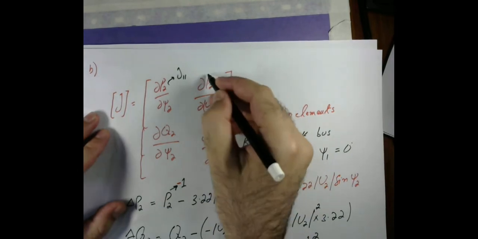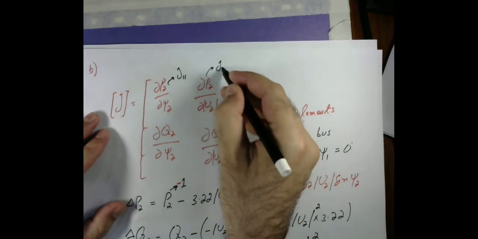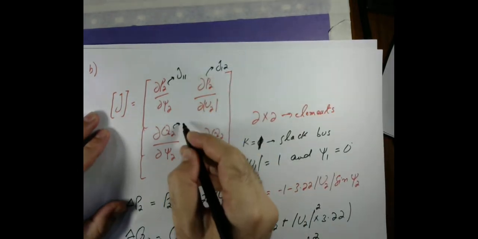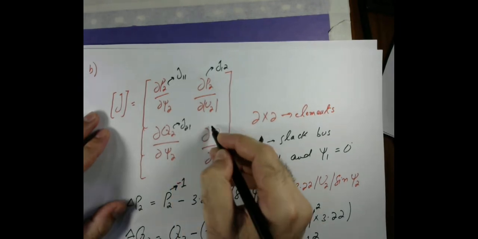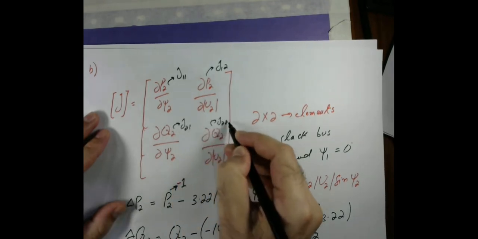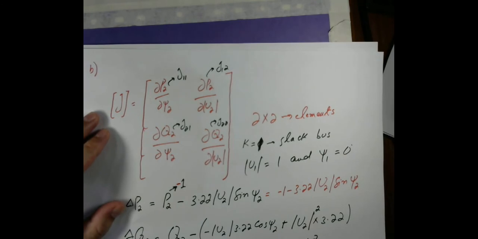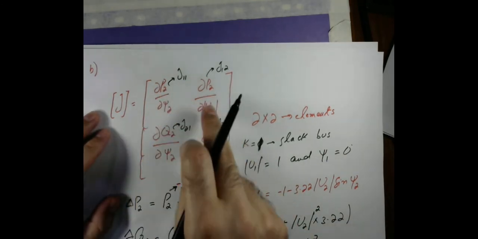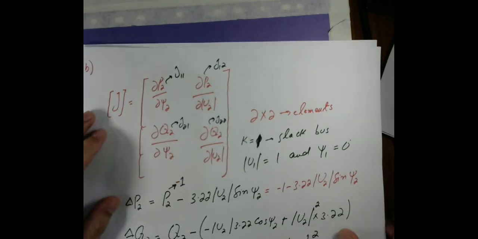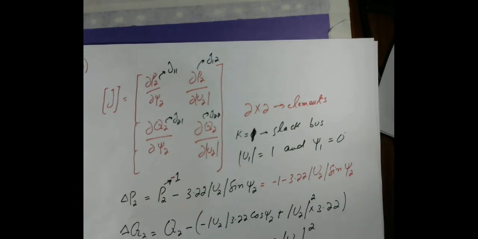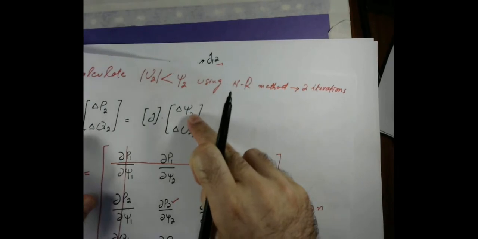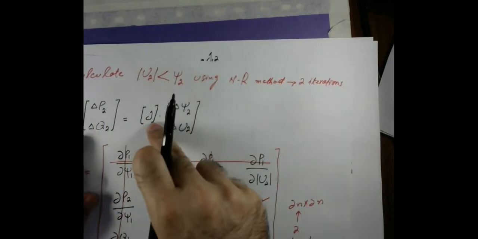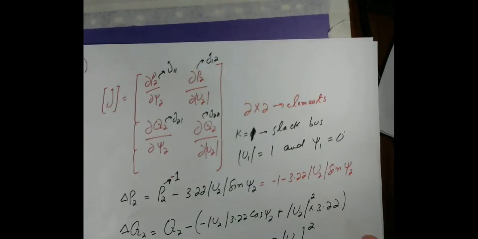This is, let's say, J12. This is J21, and that is J22. So these are the 4 elements of the Jacobian matrix: the first element, the second, the third, and the fourth. Now, because for calculating the error we have to know the power mismatch and also the Jacobian matrix, I have to find the Jacobian matrix.